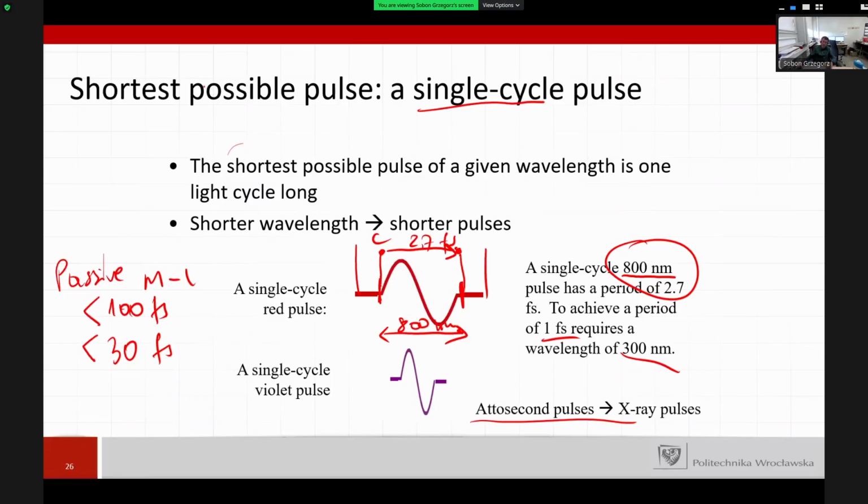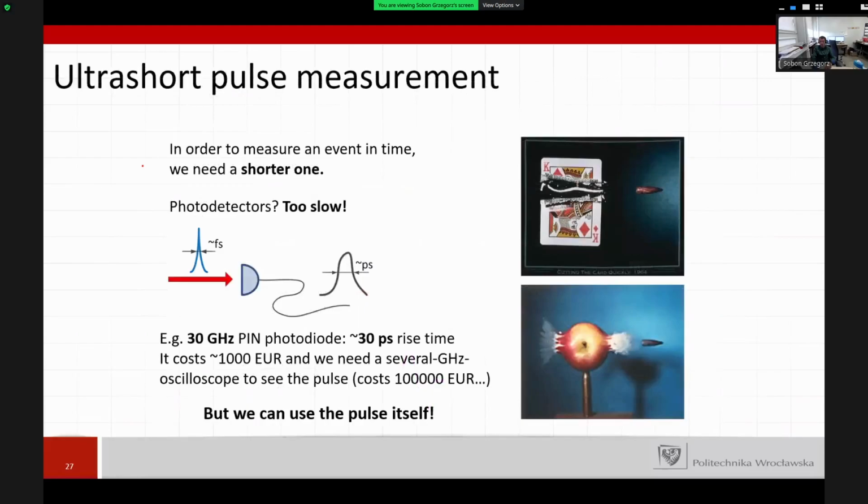And femtosecond is, of course, 10 to minus 15th of the second, right? So it's a very short event in time. And basically, generally, laser pulses are the shortest events that exist in nature. So there are no shorter events in time that could exist.